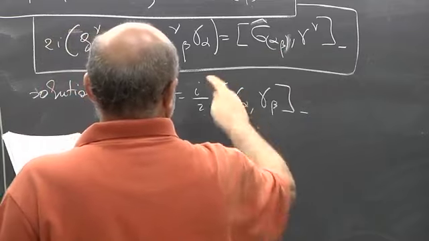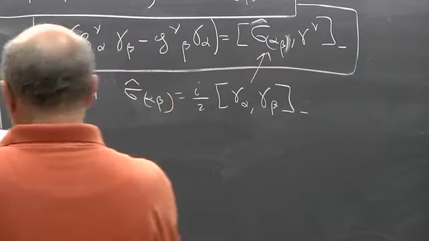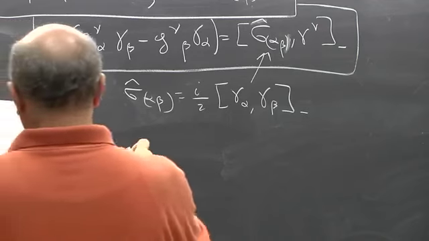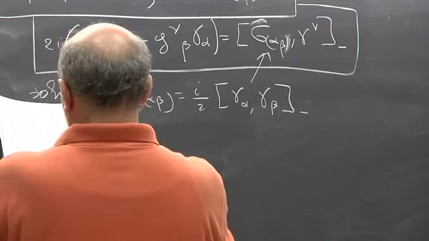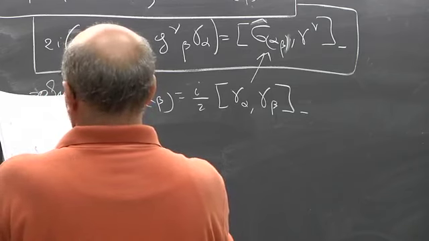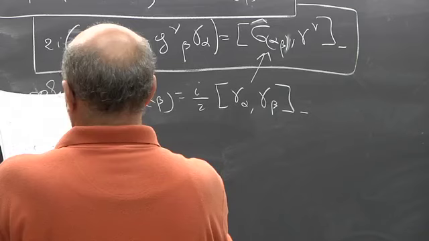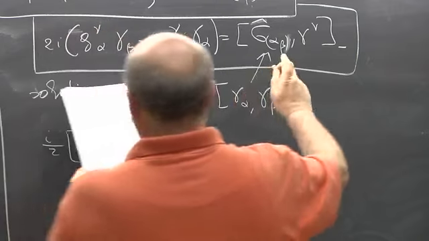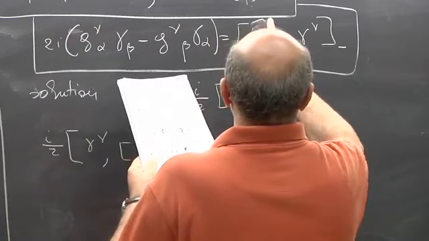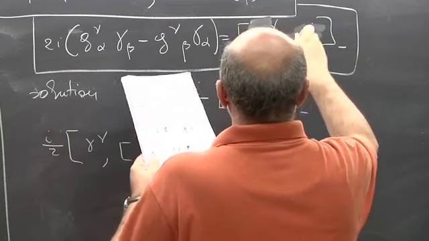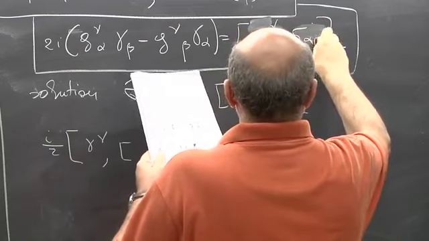Okay, so let's insert this expression into here. We have i over 2 gamma_nu, sorry, it is the other way around. It is gamma_nu sigma_{alpha beta}.